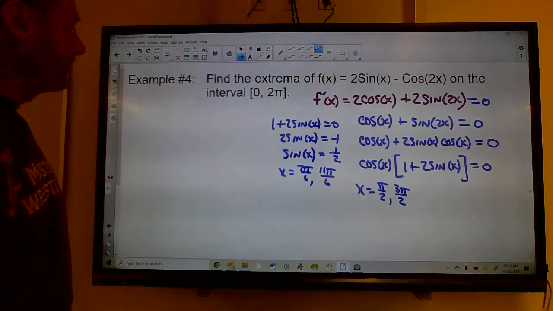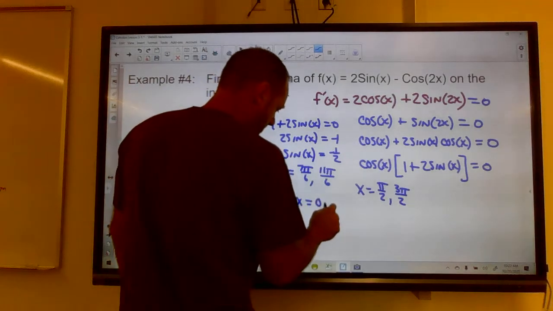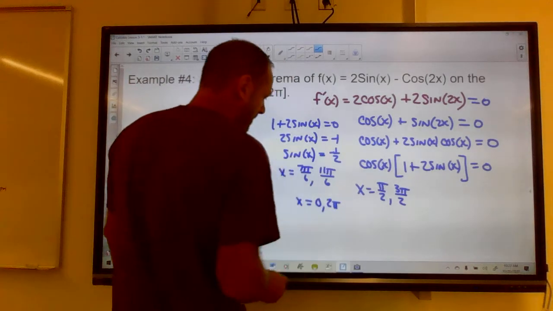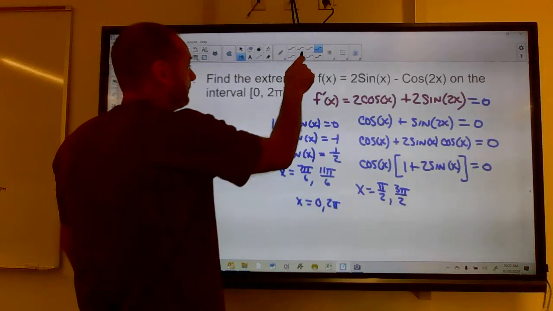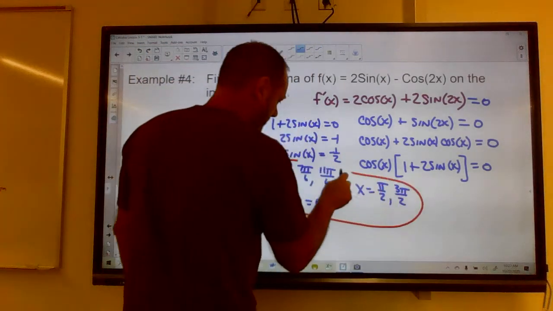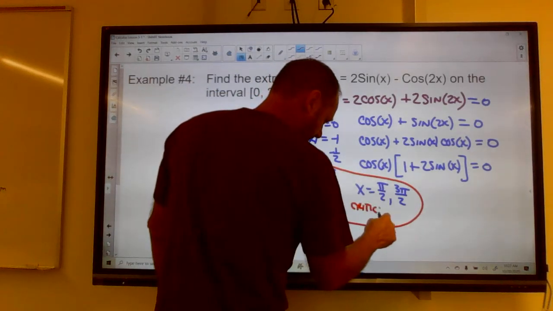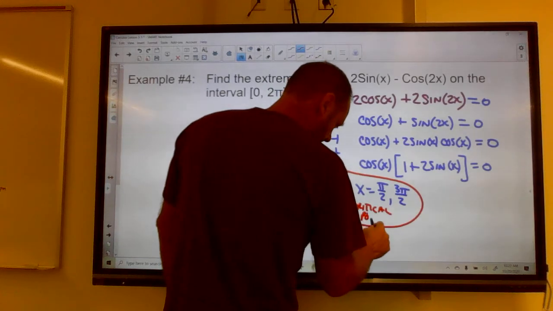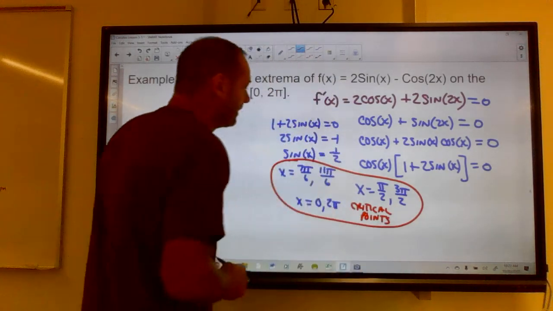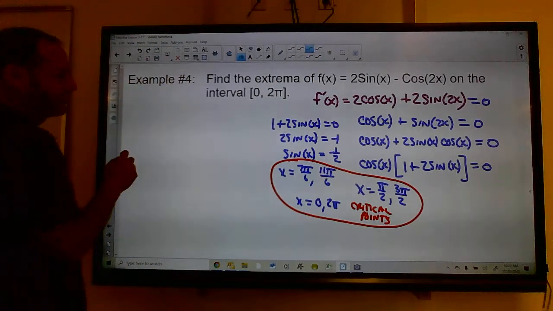Now, we also have endpoints of 0 and 2 pi. So I have 6 critical points. These are my 6 critical points right here. So I'm going to have to find f of all of them.